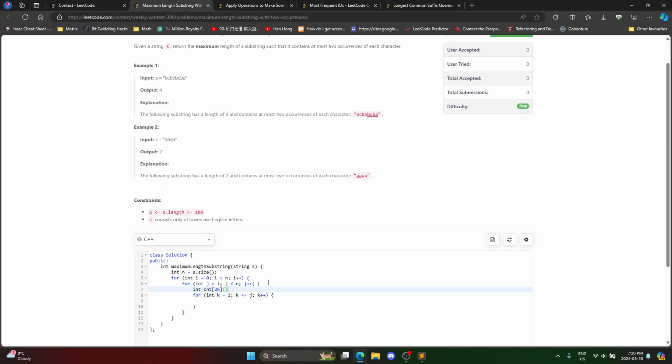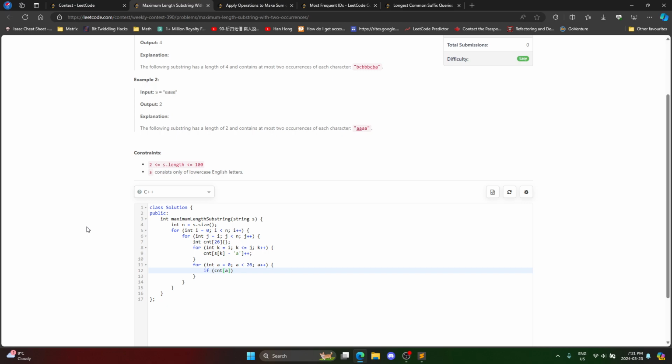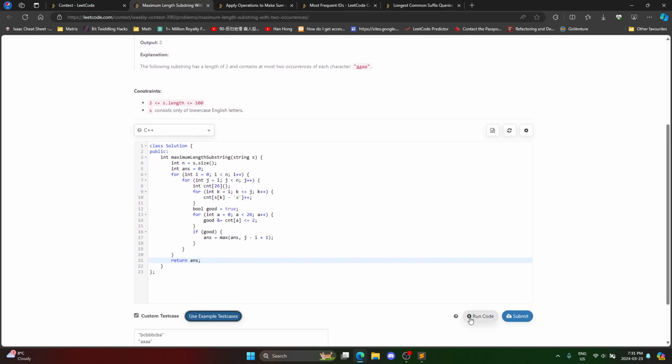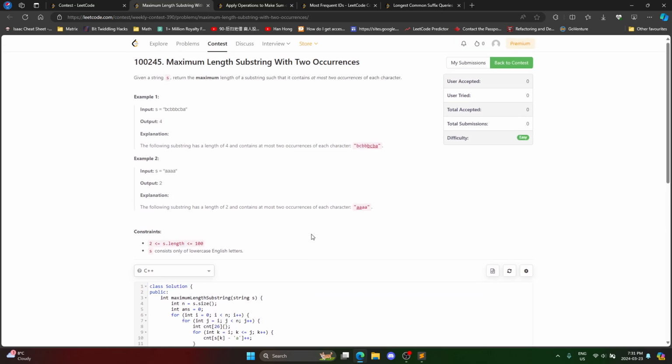If the count of a character is more than two occurrences, so let's do it like this, or two, so yeah, that'll work.